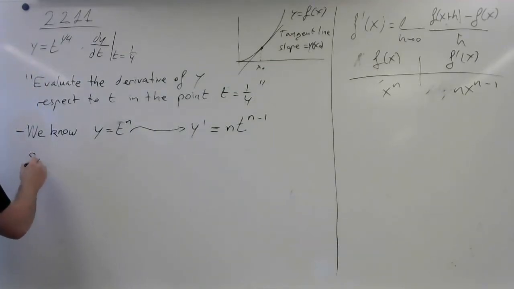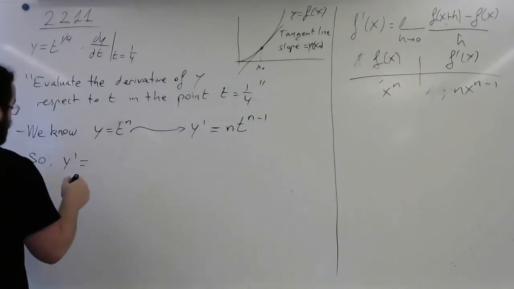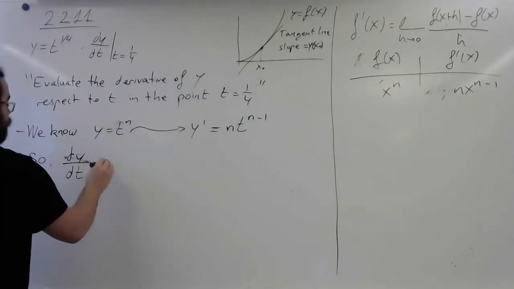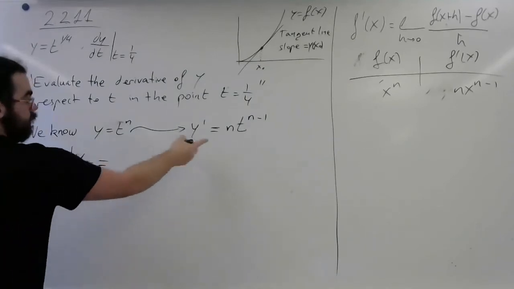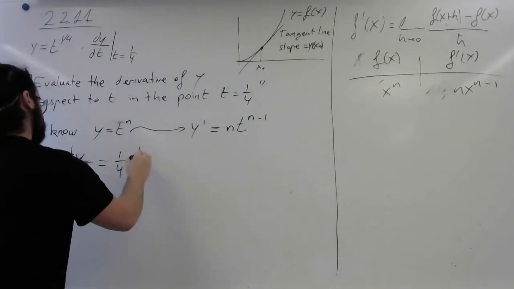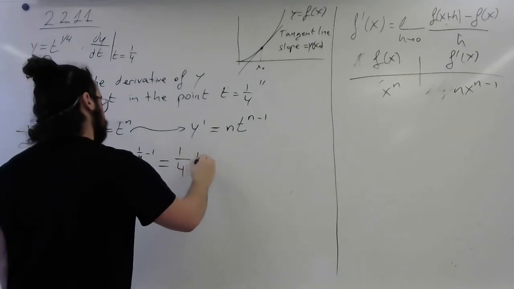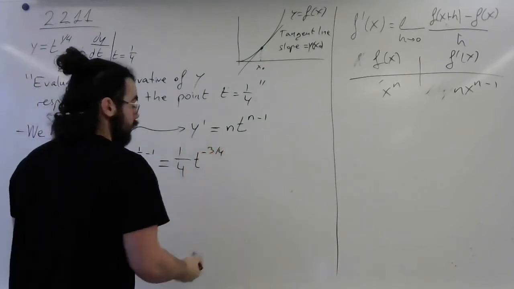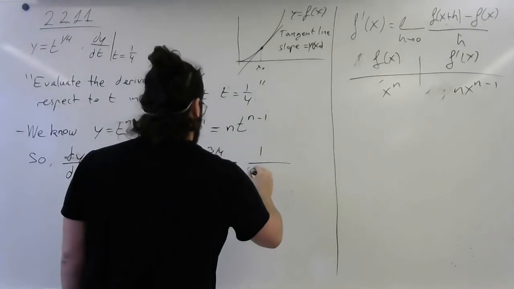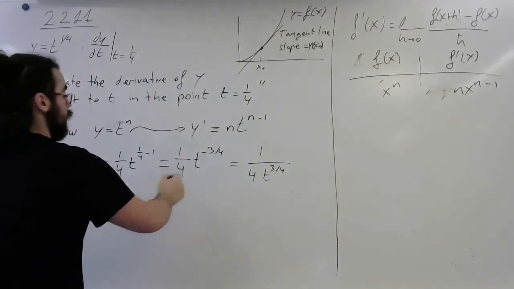So our y prime, or our derivative of y with respect to t, is, by following the formula, and if you want to see it in fraction form, this is 1/4 t to the power of minus 3/4. Either of those work.